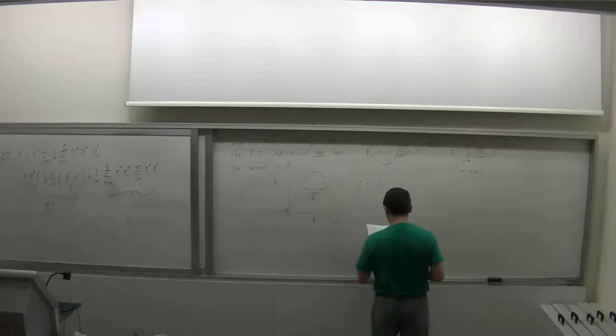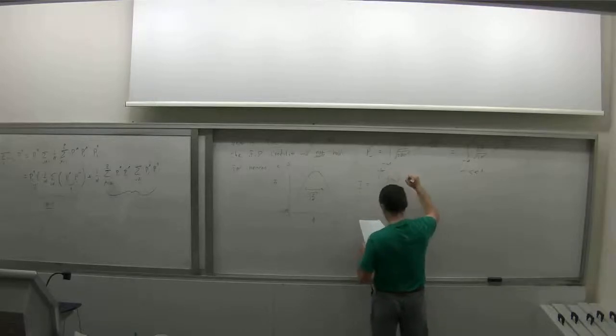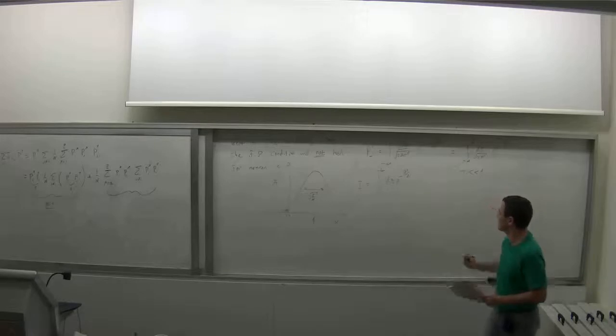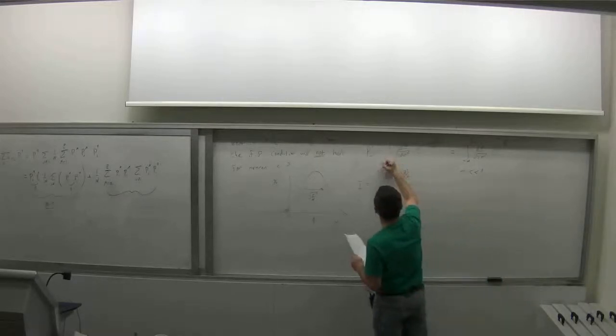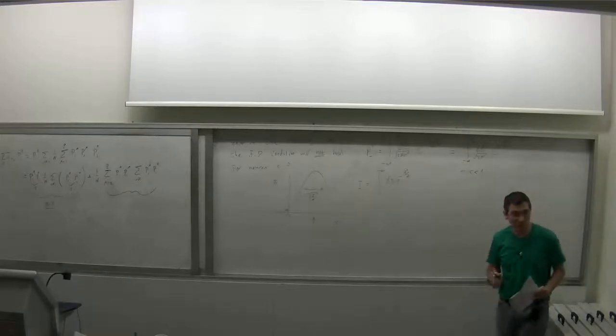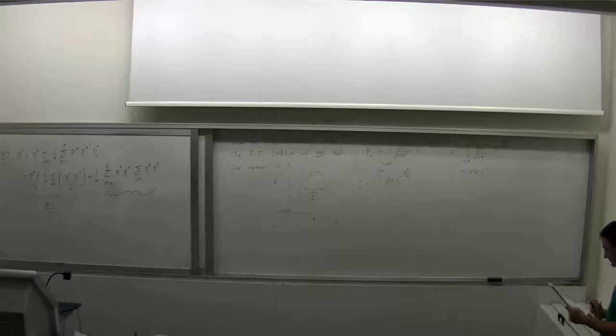So our integral is the integral from minus infinity to minus 1 over sigma dz e to the minus z squared over 2. What we are going to do is an integration by parts.